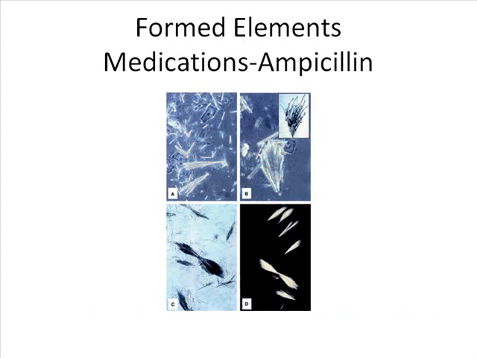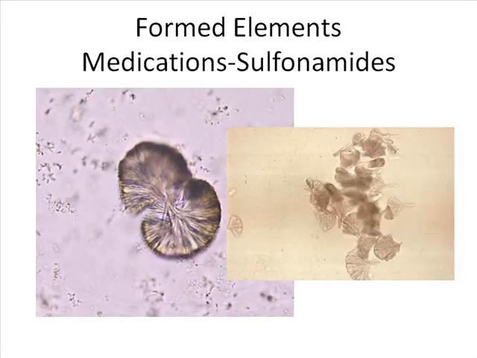All right, now some other things are unusual crystals. You can actually get drugs such as ampicillin. Ampicillin looks somewhat like tyrosine and leucine crystals because you'll see them in these sheaves or needle-like projections in the urine. Sulfonamides, some of these actually can be confused.